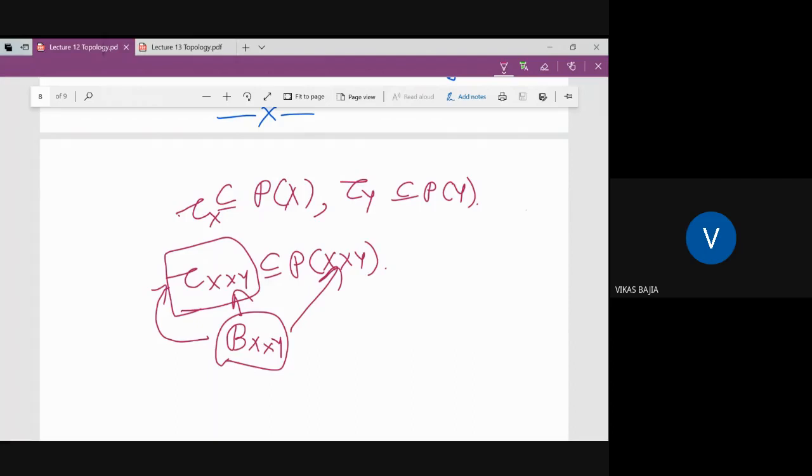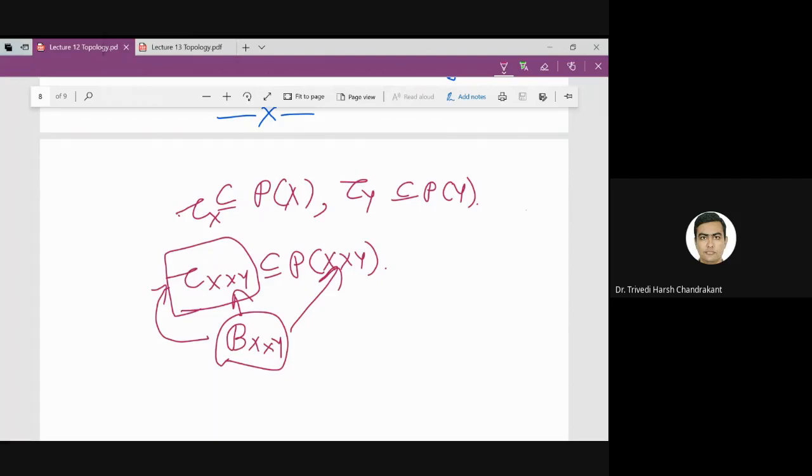See, when we defined the basis, we did not define the topology. We just said a basis is a collection of subsets of X which satisfies two properties, right? And the basis will give us a topology corresponding to that basis.